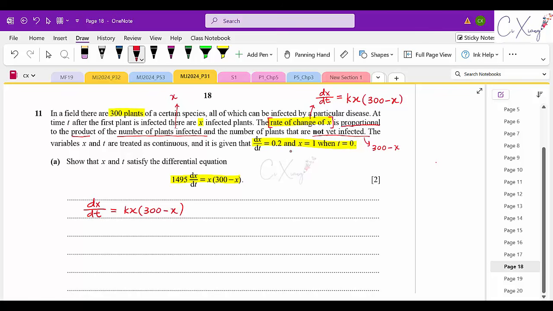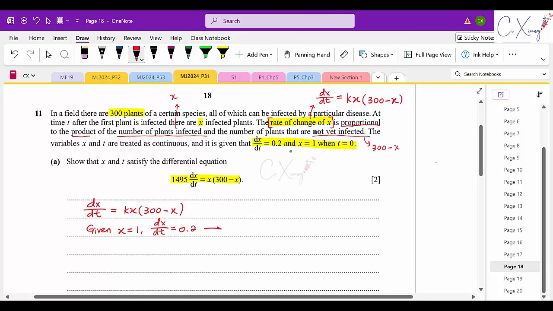We need some pieces of information to get the answer, so I will use the value here. When x equals 1, dx/dt equals 0.2. Given that x is equal to 1, then dx/dt is equal to 0.2. I substitute this information into my equation on top.